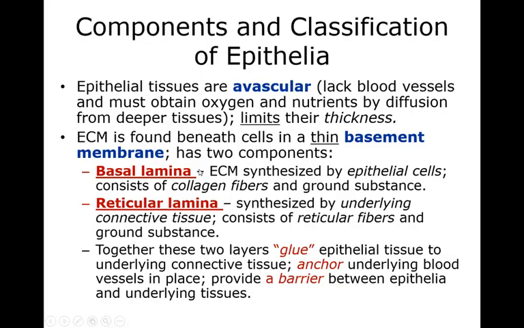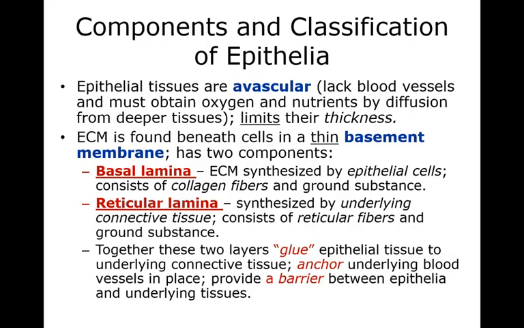Now, one key thing to remember about epithelial cells is that tissues that are epithelial are avascular. Now, we know if we put that word "a" in front of a word, it means without. So avascular means they're without blood vessels. Now the problem with that is we know blood vessels carry oxygen and nutrients, so if epithelial tissues don't have that, they have to depend on oxygen and nutrients to come from other areas of the body. And so what they typically depend on is a process called diffusion, and we mentioned this in biology.